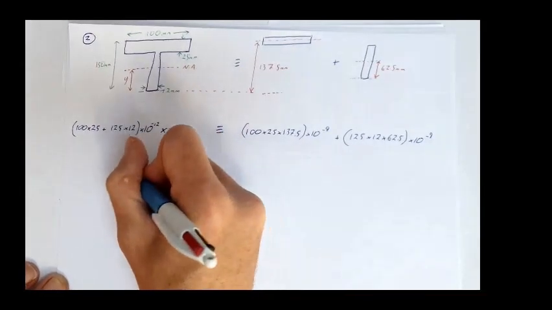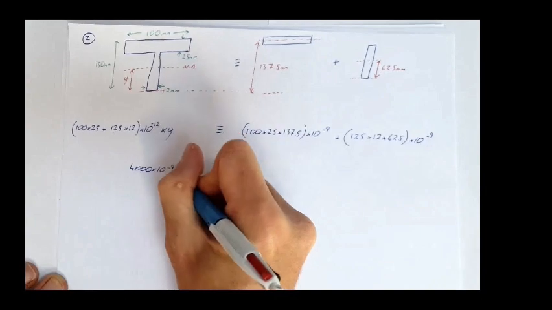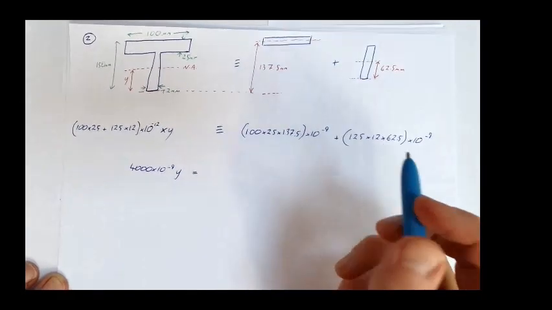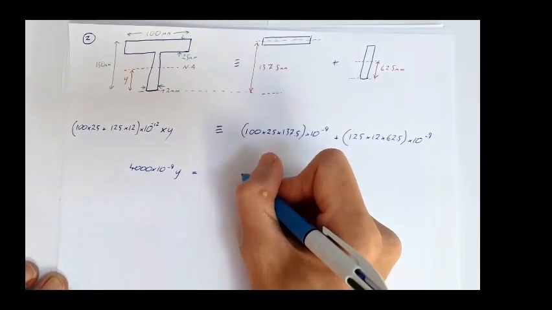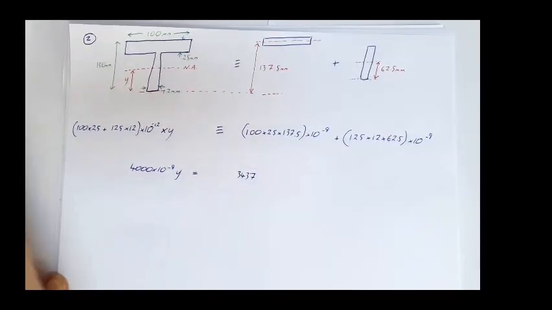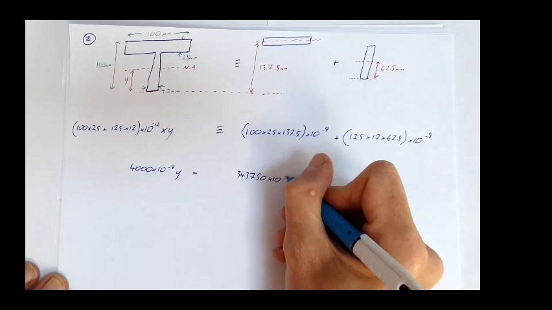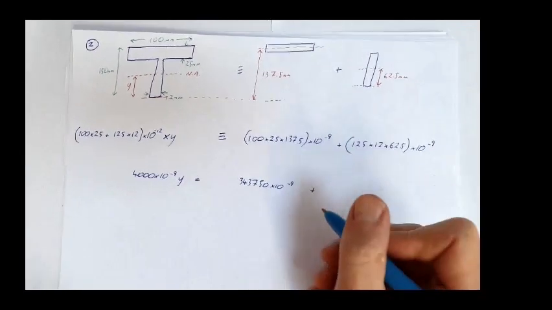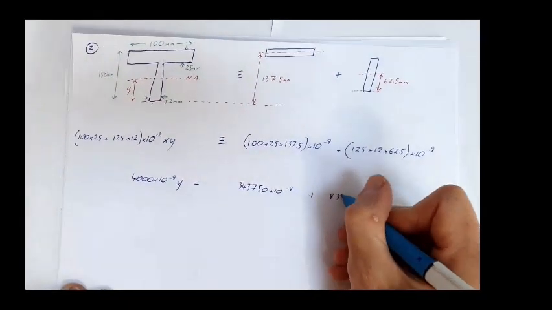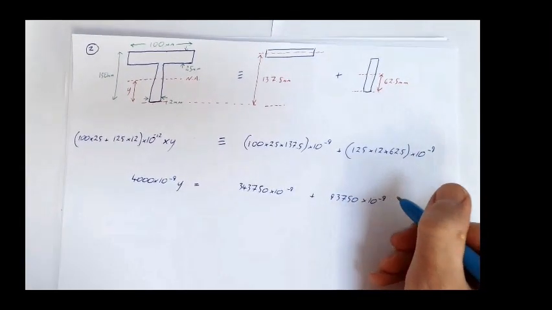And if I do all of that, I'm going to end up with 4,000 times 10 to the minus 9, y, is equal to the top section, which is 343,750 times 10 to the minus 9, plus the bottom section, which is 93,750 times 10 to the minus 9.